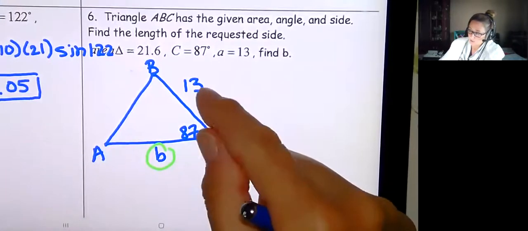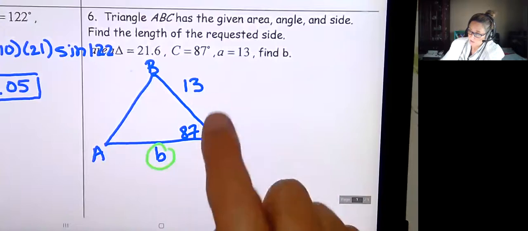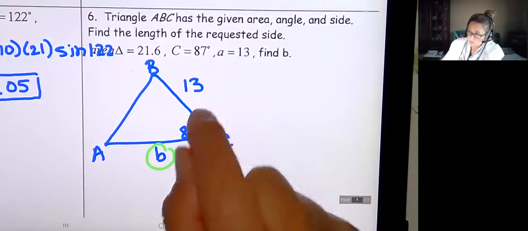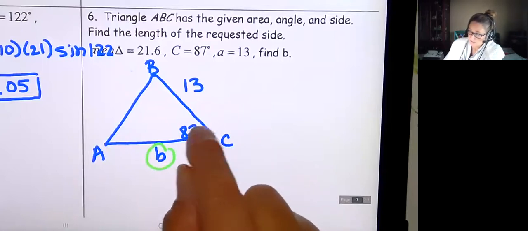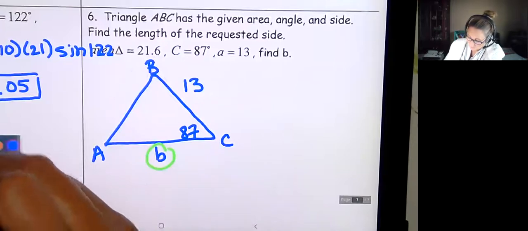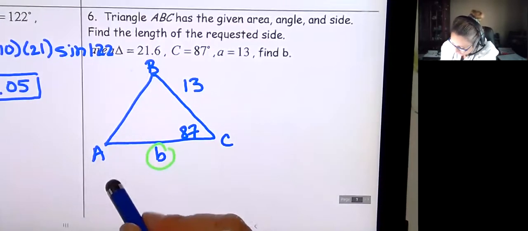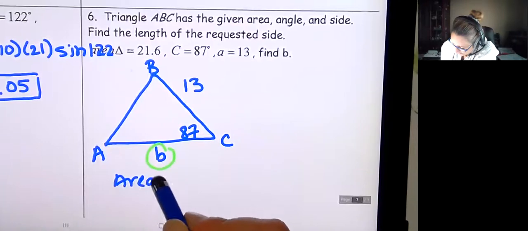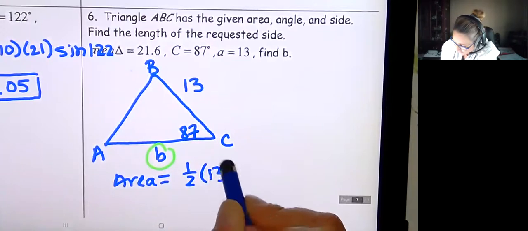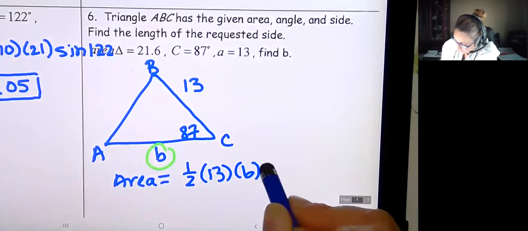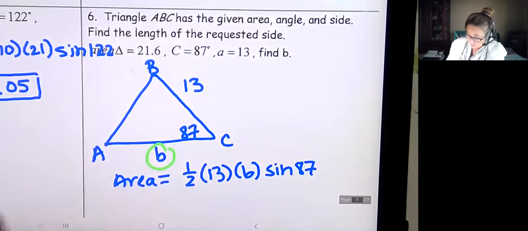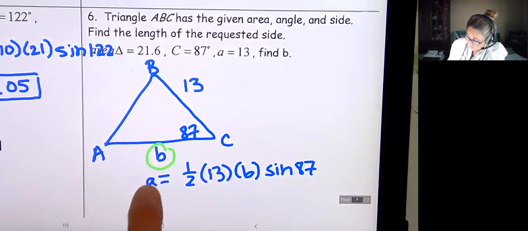And so notice again, side, angle, side. So I'm going to be using these three things. And so I'm going to take 1/2 times 13 times b times sine of 87 equals area. And I happen to know what the area is. They gave me the area.